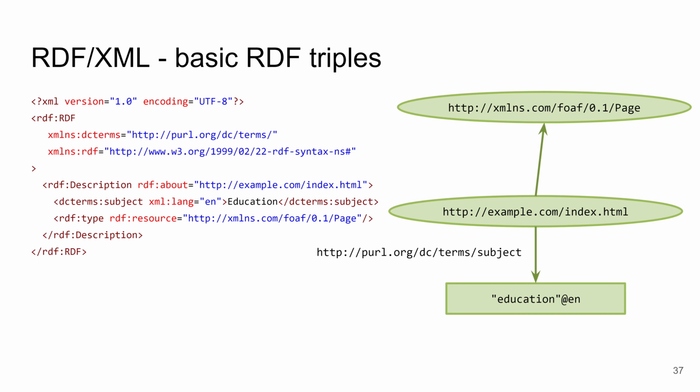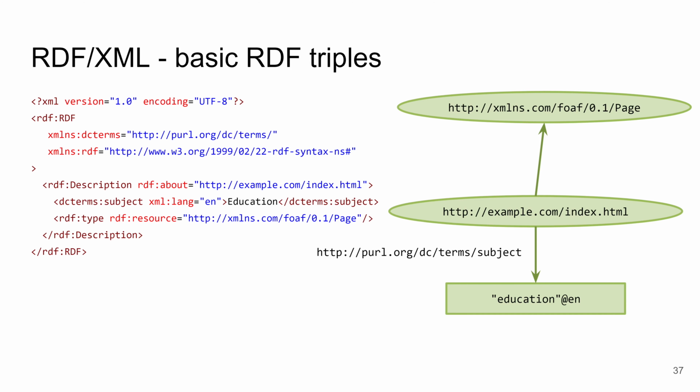And then each triple, or actually each RDF resource, would be described by the RDF description element, where in the RDF about attribute there would be the IRI of the resource, of the subject. So the description element says here we will describe a subject with the IRI in the RDF about attribute.